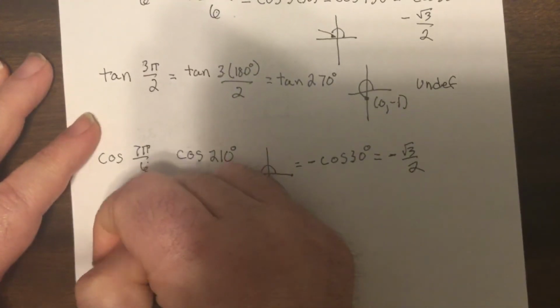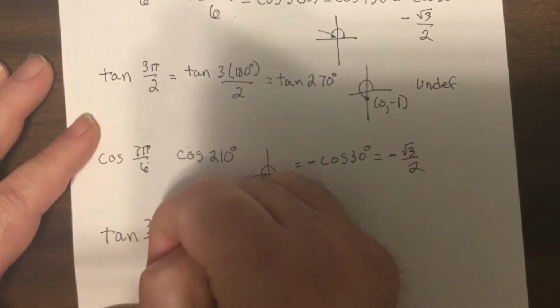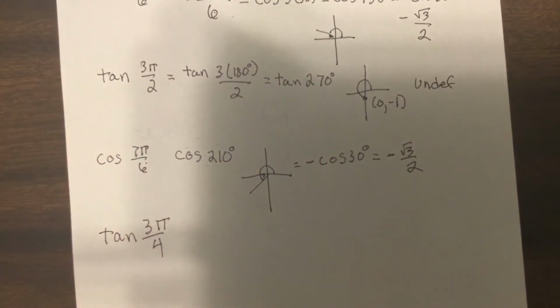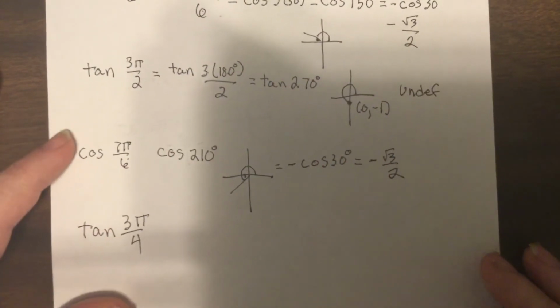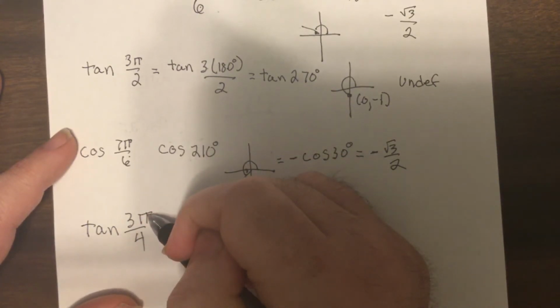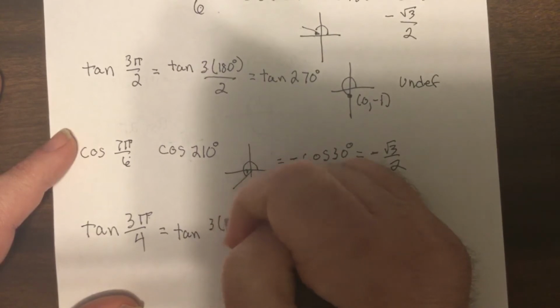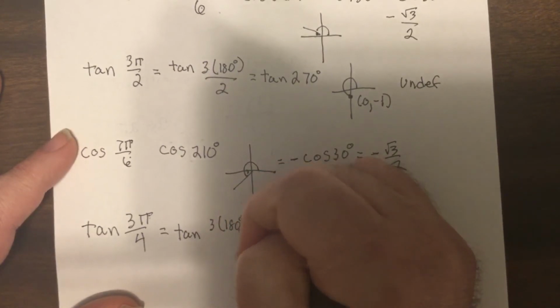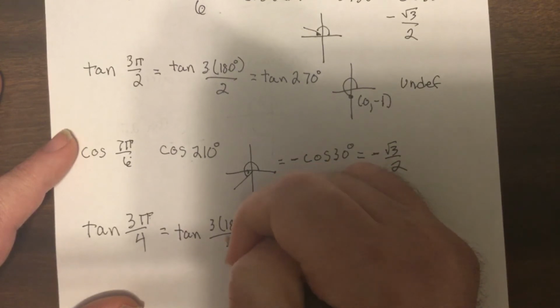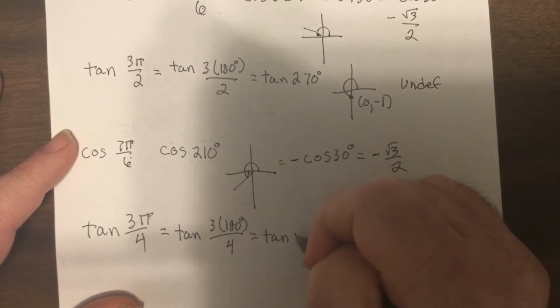So if I said tangent of 3 pi over 4, I'd say, okay, put in 180 for pi. Now 180 divided by 4 is 45. 45 times 3 is 135.